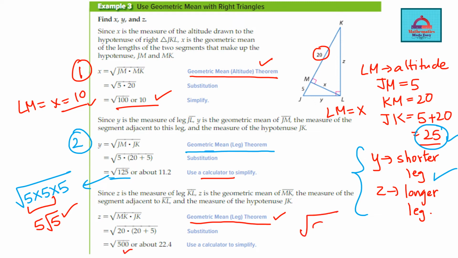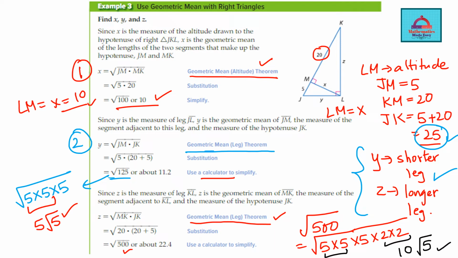Square root of 500 can be written as 5 times 5 times 5 times 2 times 2. I've done the prime factorization. You can take the pairs which are common, so 2 and 5, that is 10, will come out, and inside you have square root of 5. You can leave your answer in this form also if you don't have a calculator to simplify.